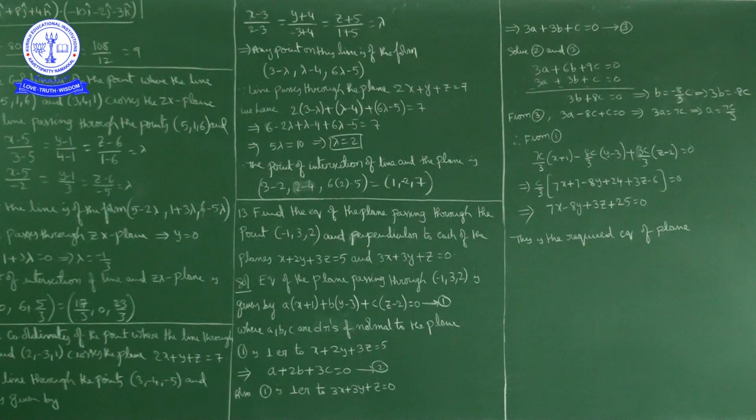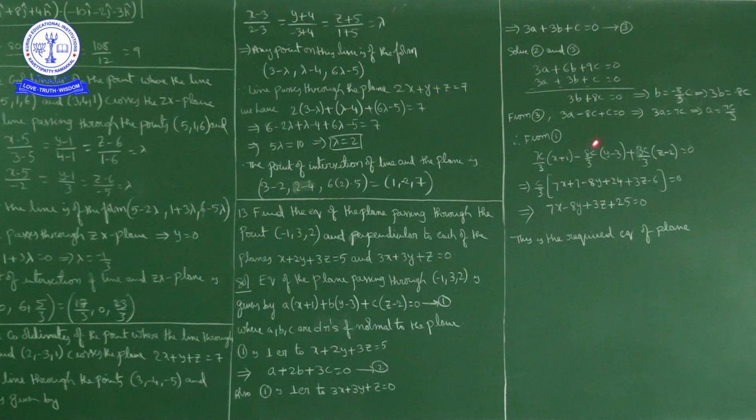So by substituting a, b, c in terms of c into equation 1, we have a(x + 1), where a is 7c/3, so 7c/3 into (x + 1), plus b(y - 3), where b is -8/3 times c, so -8c/3 into (y - 3), plus c, which I write as 3c/3, into (z - 2), equal to 0.